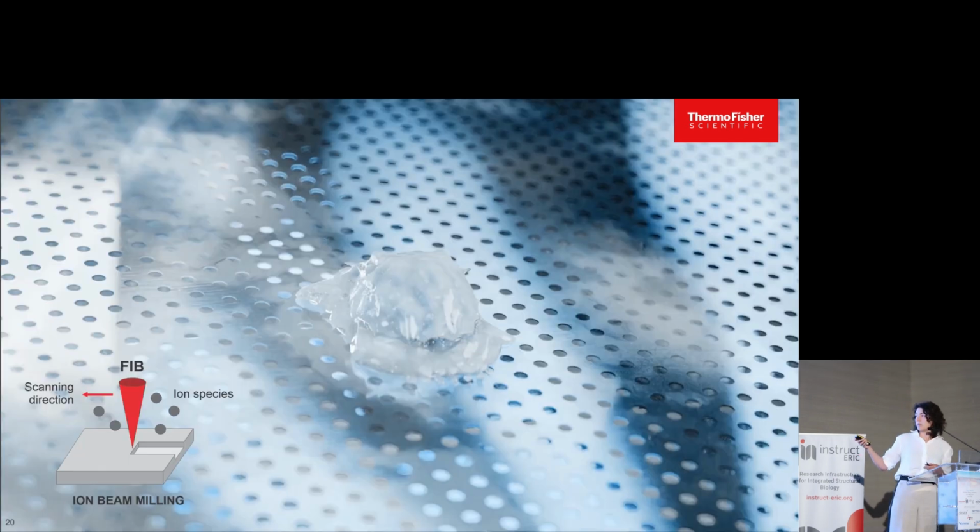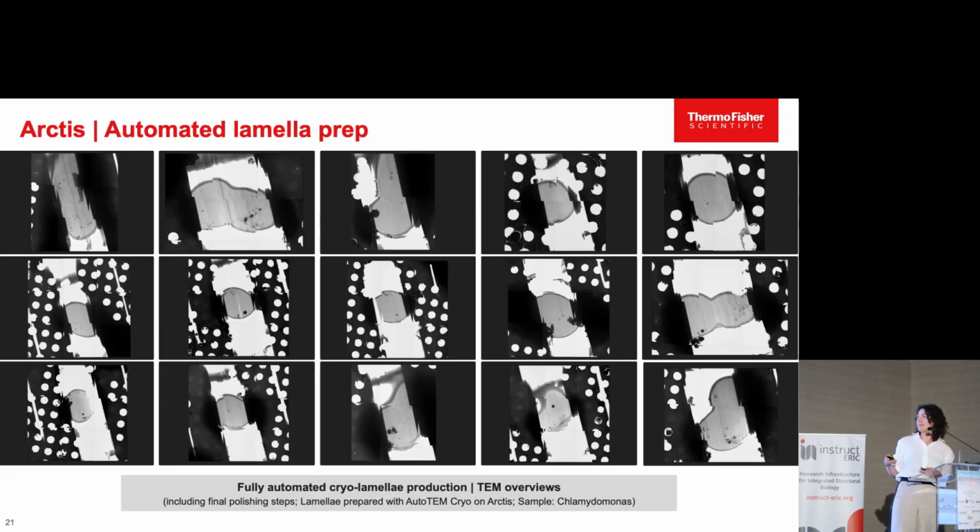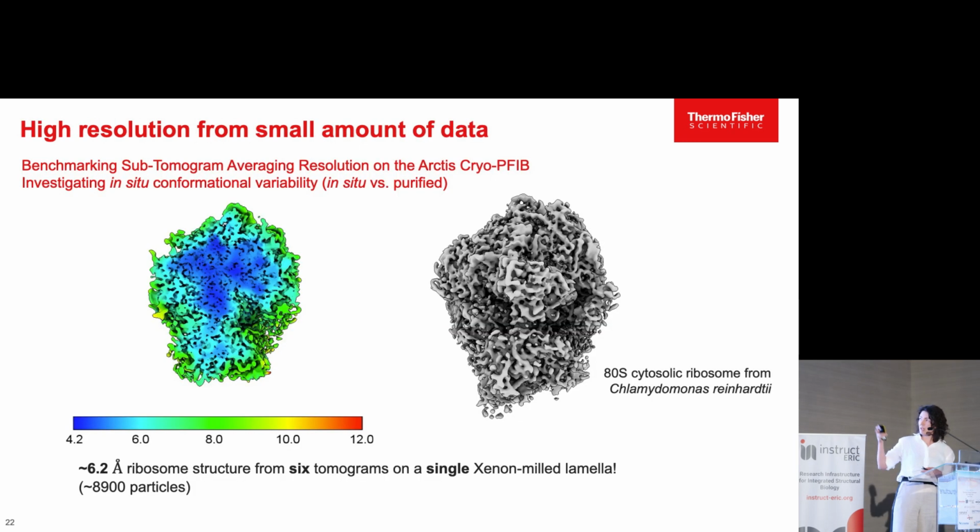But mostly what we're using this technology to do is to take our sample and mill a lamella, which we can then put into the transmission electron microscope. Here is an animation of milling an ice cube by the looks of it. We can then take this thin lamella, and here are some examples generated in the Arctis instrument, and put those into the transmission electron microscope.